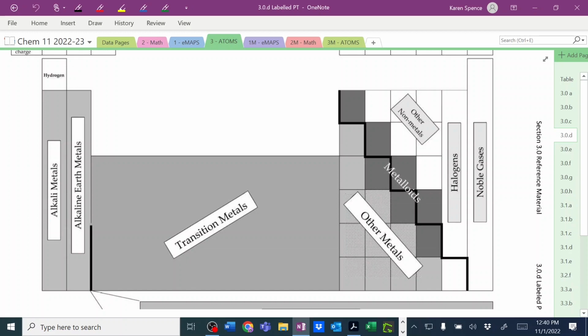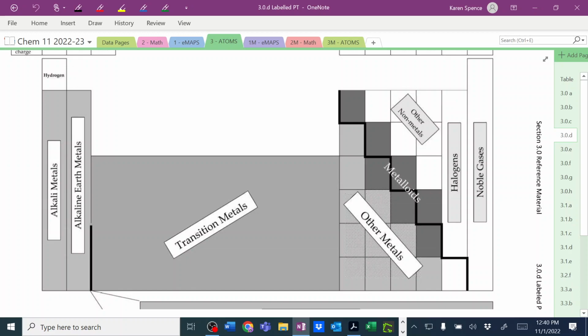Does that sound familiar? Where do we find metals on the periodic table? Do you remember the staircase? Metals are which direction from the staircase, left or right? Left. So all our metals are over here.